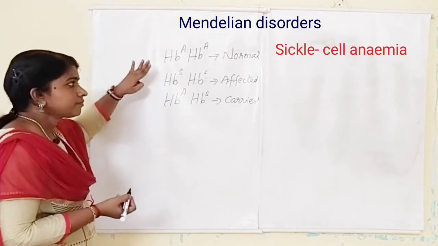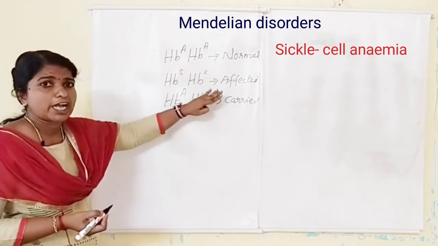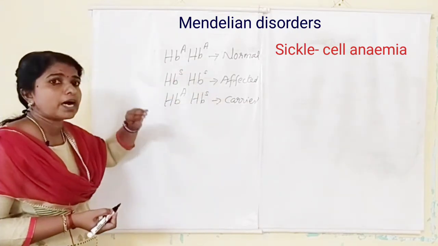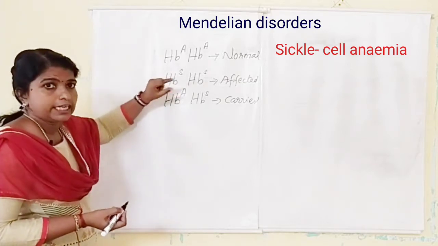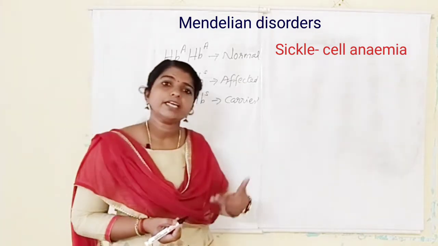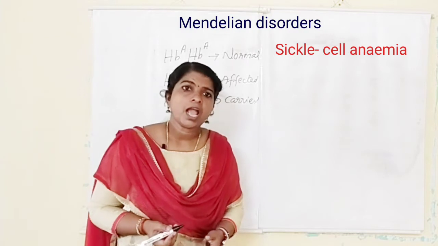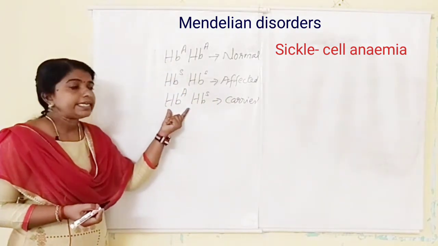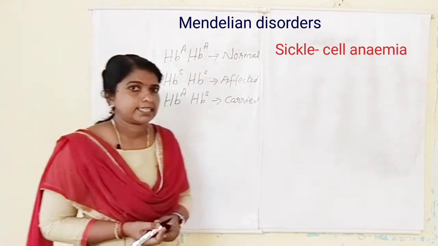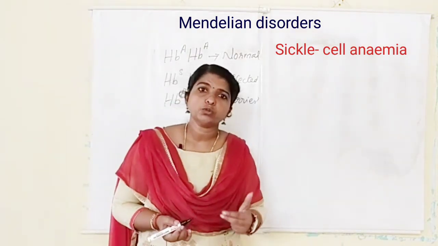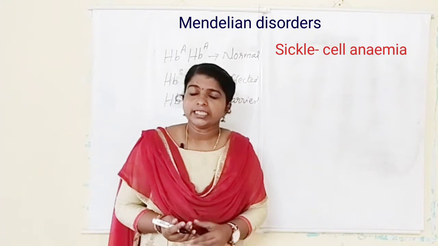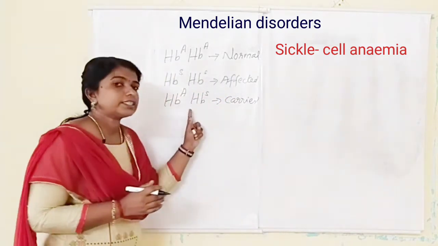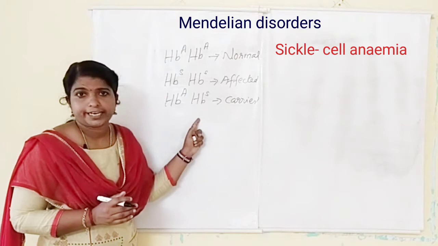The disease will transmit only when both the partners are carriers. Then only the disorder will be transmitted. And here the problem is with hemoglobin, which consists of 4 chains, 2 alpha chains and 2 beta chains. The problem here is with the beta globin chain.